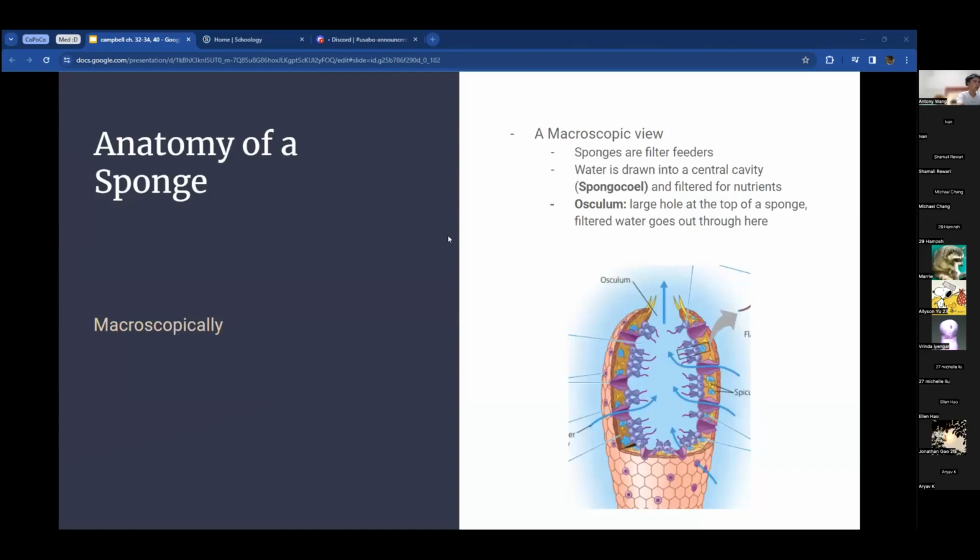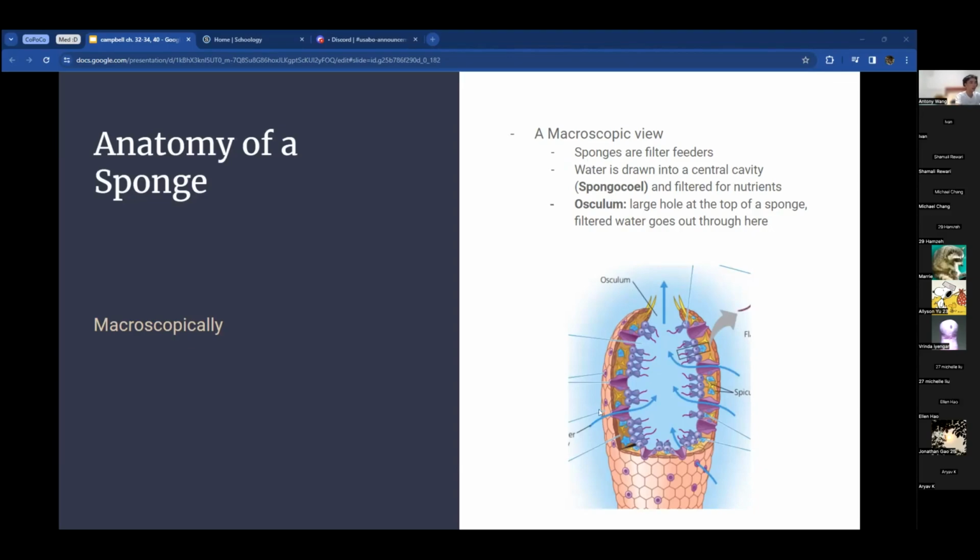So anatomy of a sponge. Here's the macroscopic view. Think of it as like a large hard sack, and the sack will draw water into its central cavity called the spongocoel, right?